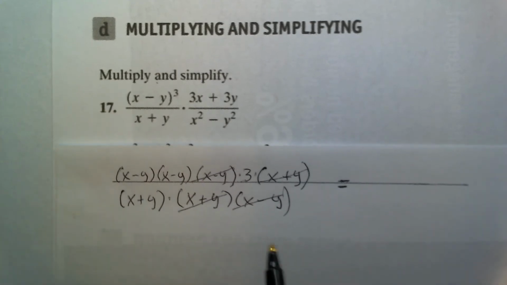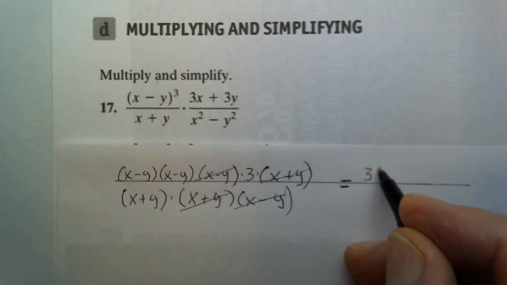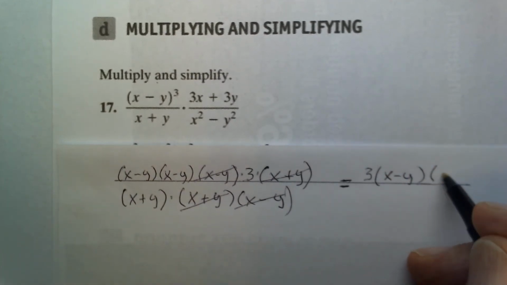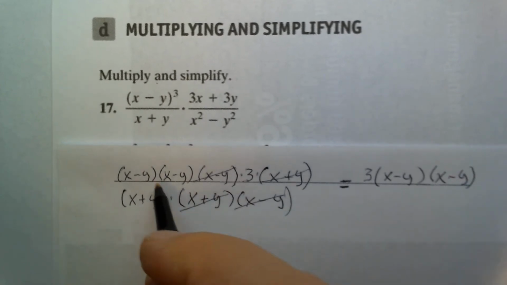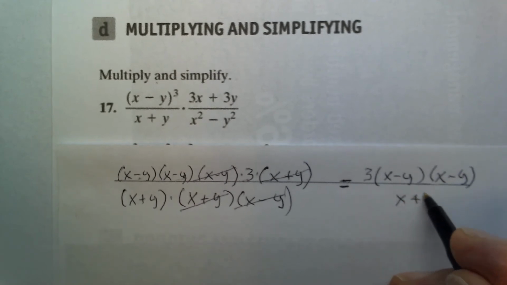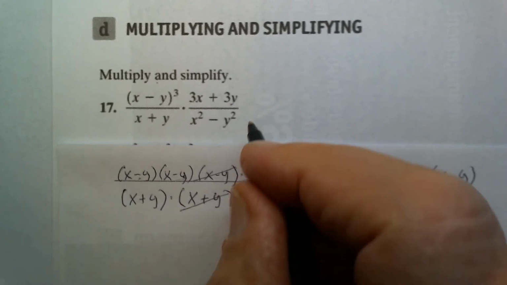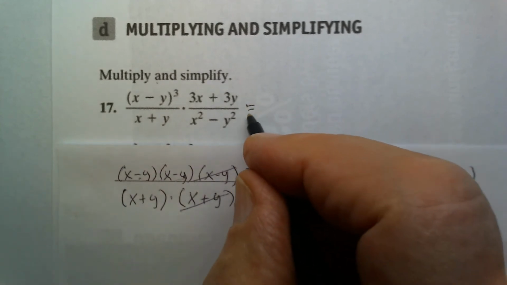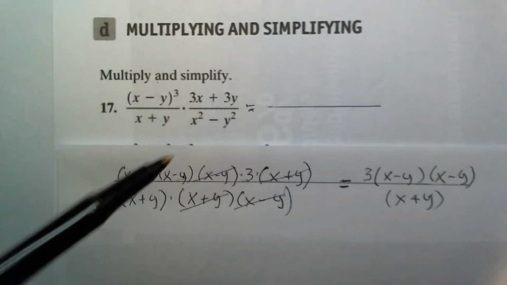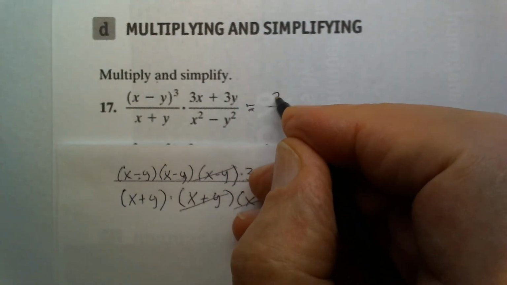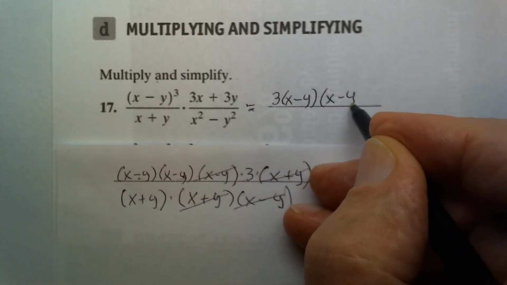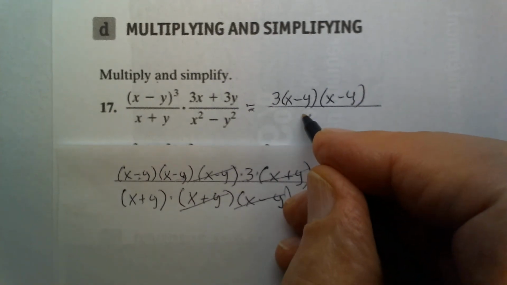So then our answer is 3 times x minus y times x minus y, these two factors here, divided by x plus y, the only factor left in the denominator. So here we can then write the answer. X minus y times x minus y divided by x plus y.